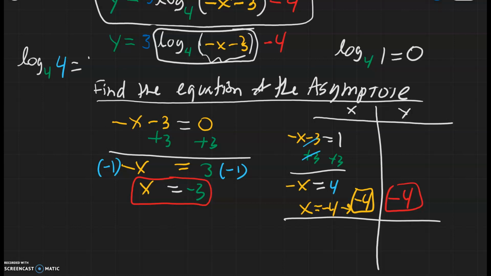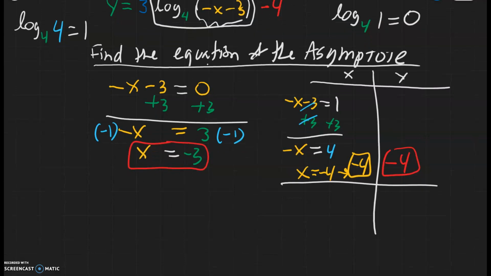So if we could find an x value that would cause this to equal a 4, this whole quantity would equal 1. So again, all we have to do is take negative x minus 3, and this time we want it to equal 4.